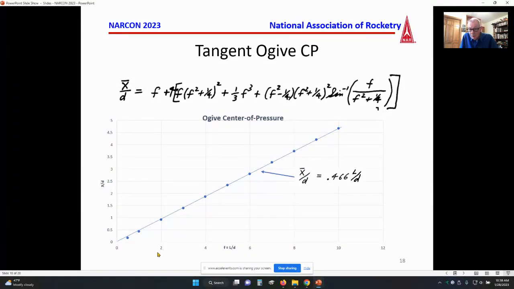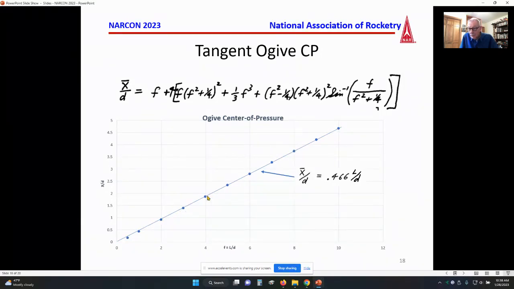What I note for you though is that most ogives are at a fineness ratio of 2 or above. If you get down here to 1 or 1/2, you're down into a hemisphere area anyway, so you can use a different set of equations down here, because you can use the hemispherical center of pressure.